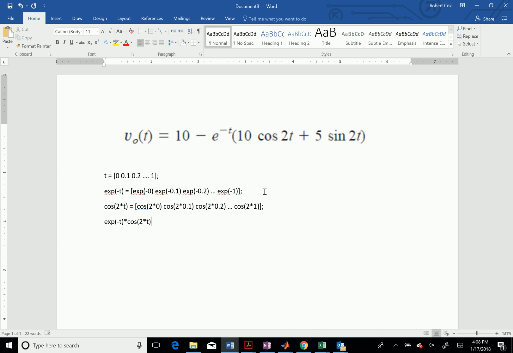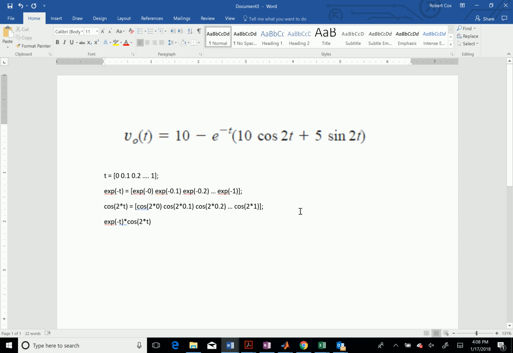MATLAB stands for Matrix Laboratory. So it's meant to deal with matrices, and it deals with multiplications of what we call vectors. The thing we need to be careful of is that our goal here is to take every entry in this exponential vector and multiply it by every corresponding entry in this cosine vector.